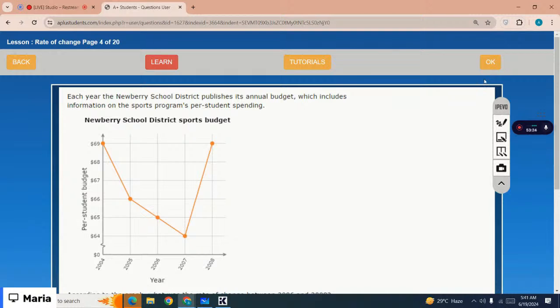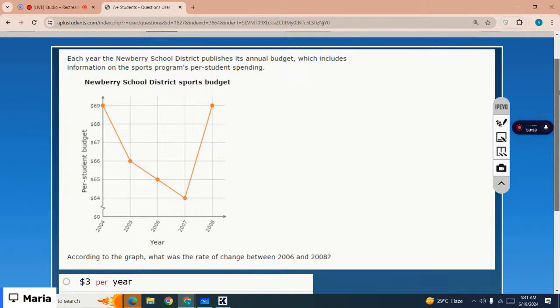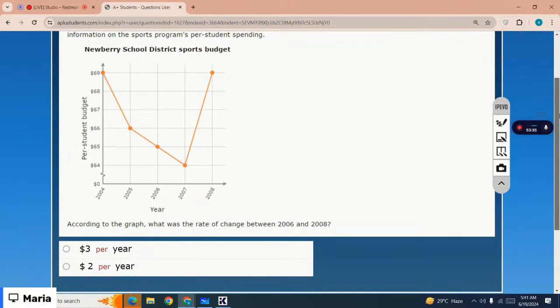Each year, the Newberry School District publishes its annual budget, which includes information on the sports programs per student spending. According to the graph, what was the rate of change between 2006 and 2008? Which is the correct option?